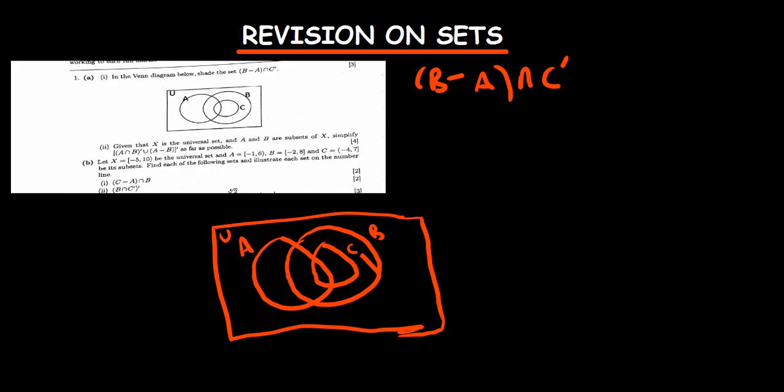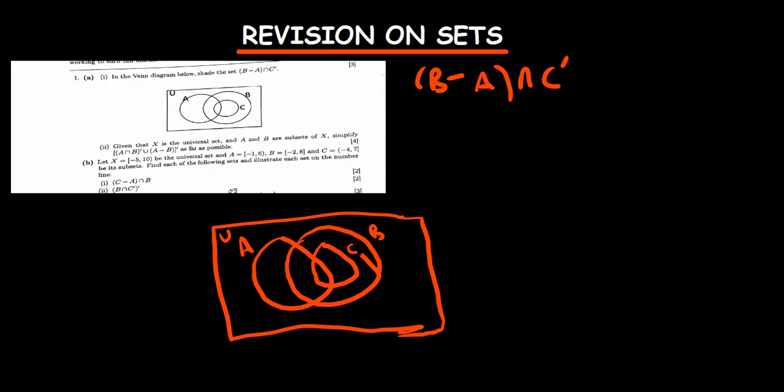Okay, so now, how am I going to solve that question? I will simplify this first part here, which is B minus A intersect C complement.